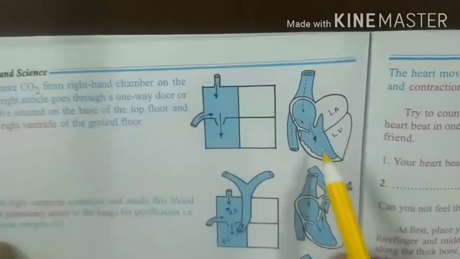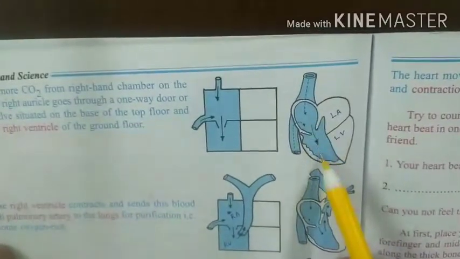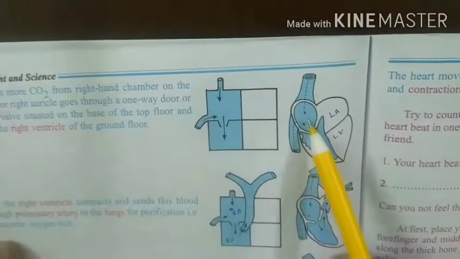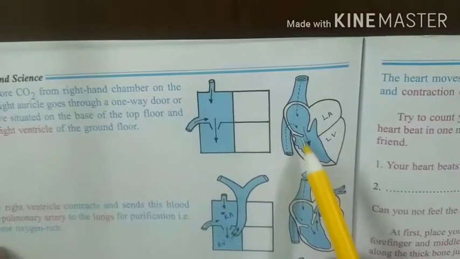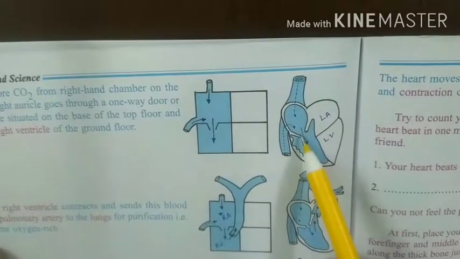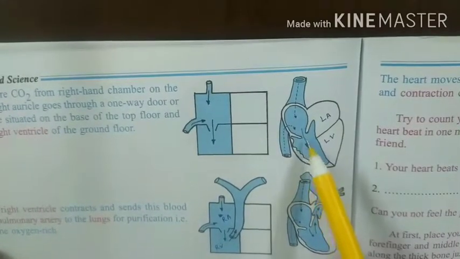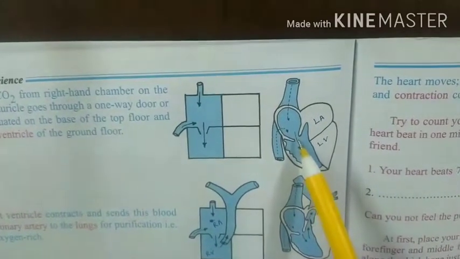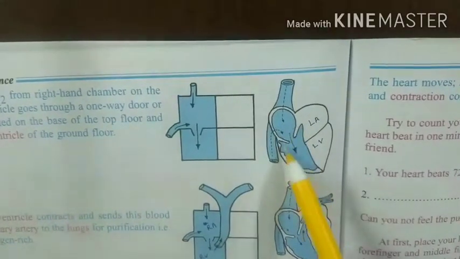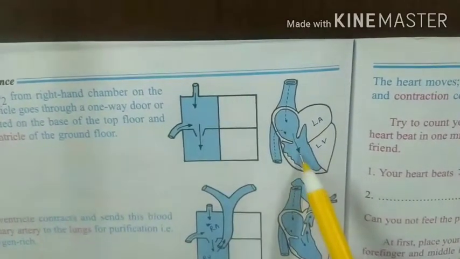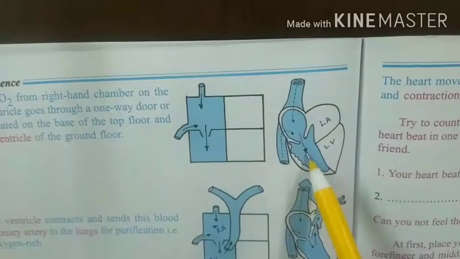I am repeating here. Actually, at the junction of the right auricle and right ventricle, there is a tricuspid valve. This valve allows blood to flow from the right auricle to the right ventricle.